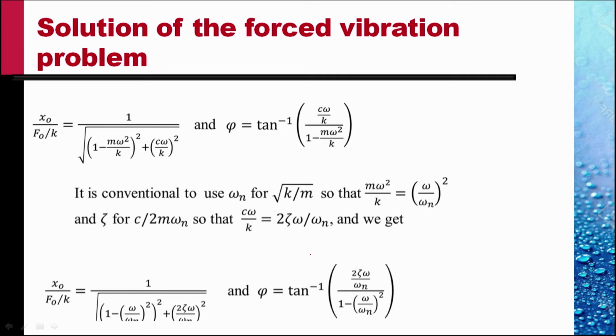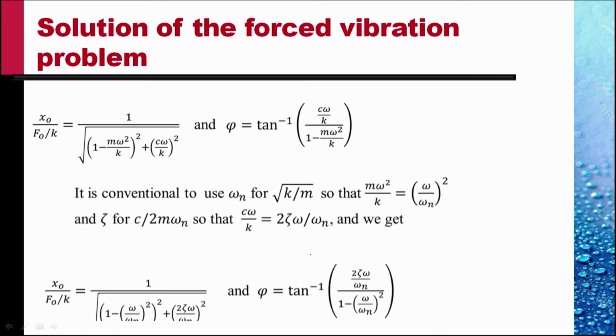and that in high school was obtained as under root k by m, so that m omega squared by k can be written as omega by omega n whole square. Omega n is the resonant frequency, omega is the actual forcing frequency.